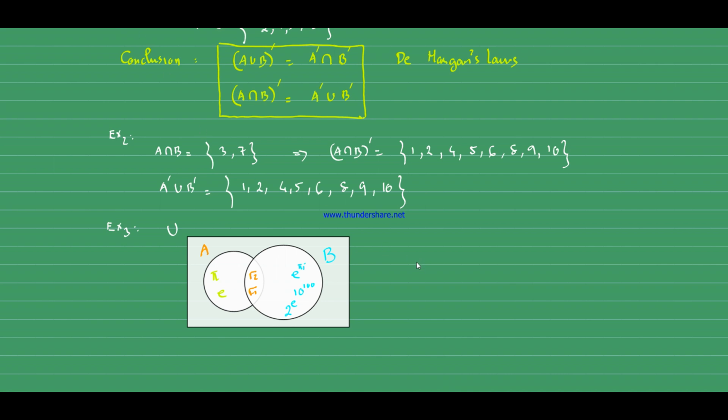And the question is, we want to find A union B complement. That's part A. And part B is we want to find A intersect B complement.